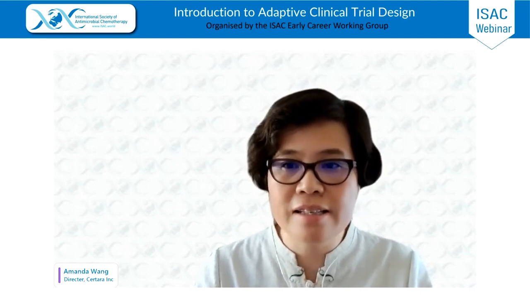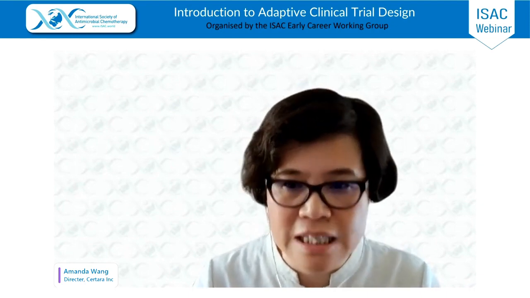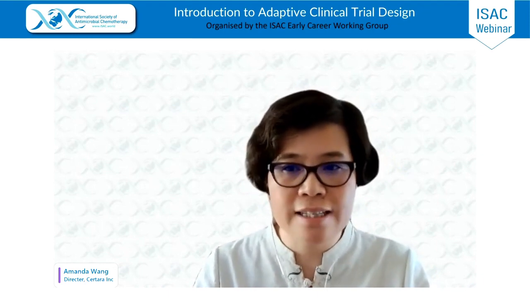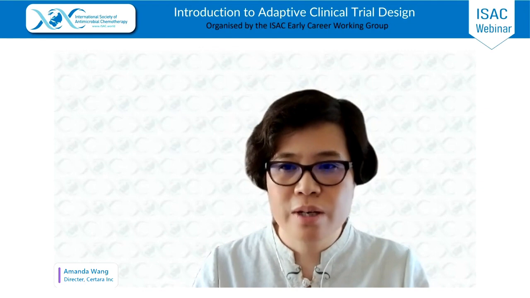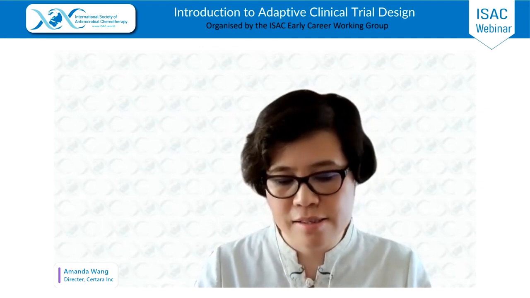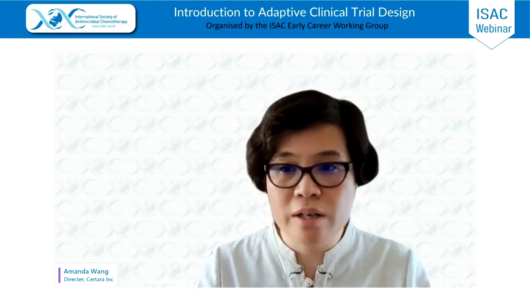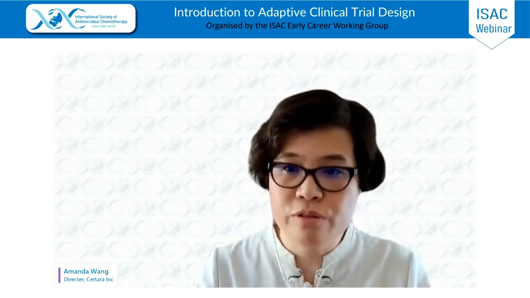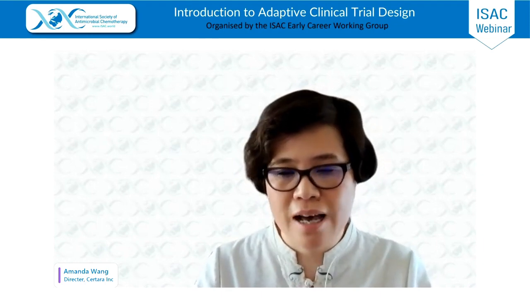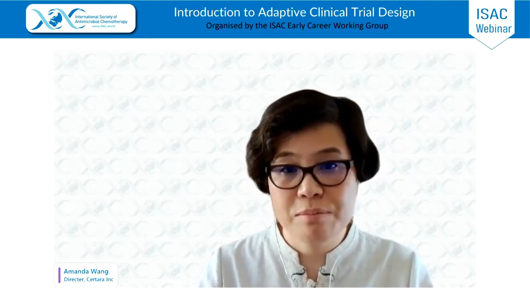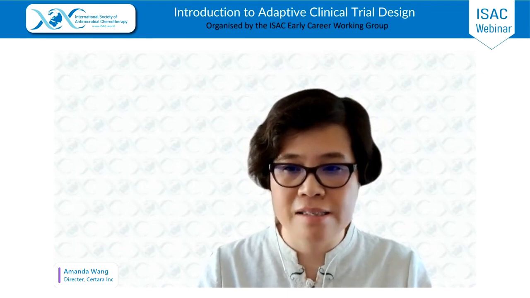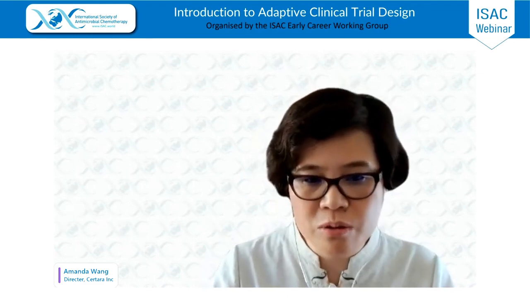In general, the design depends on what you need for your study purpose. I know CRM is being used more and more in oncology. This is a continuous dose finding method. In other fields, people probably don't use it that much because it's not that critical.